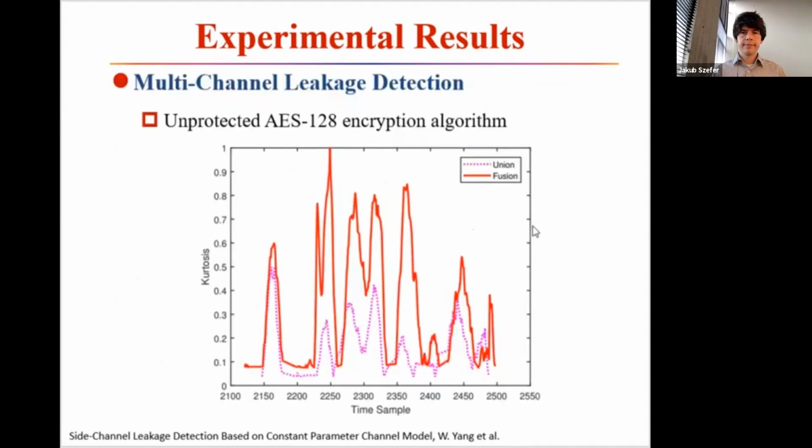We further validated the proposed method for multi-channel leakage detection. The multi-channel traces include the power and electromagnetic radiation traces of the FPGA implementation. The detected leakage points of the fused signals and the union of the detected leakage points of the two mono-channel signals are compared.